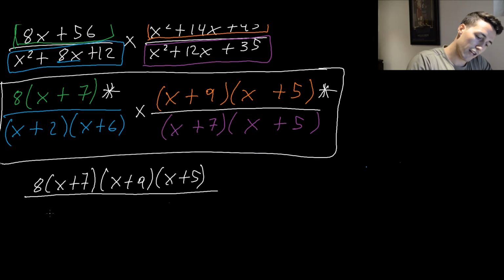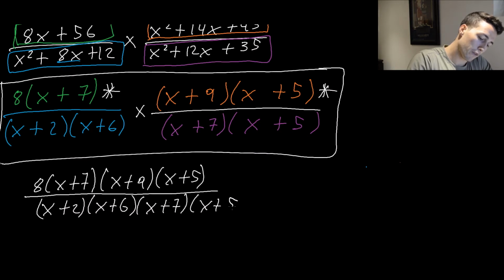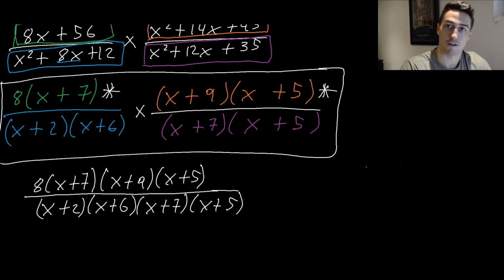I'm going to finish that, and then the denominators are the same. So it's going to be (x plus 2) times (x plus 6) multiplied by (x plus 7) and (x plus 5). And now we can see if we can simplify or cancel out some of these terms.